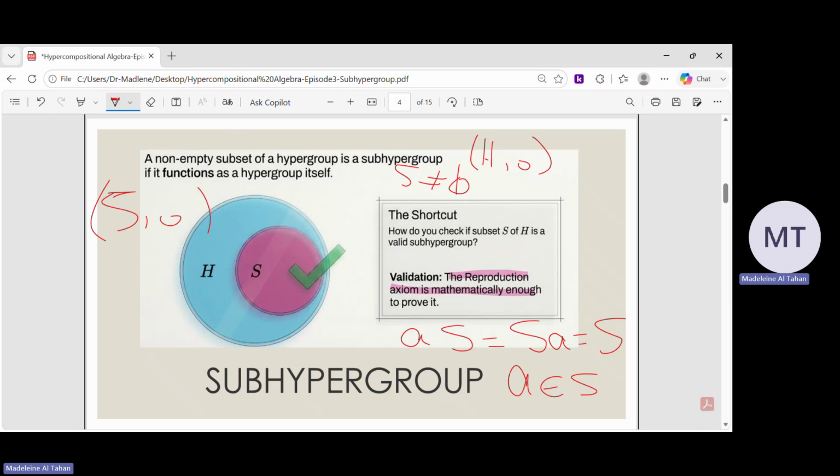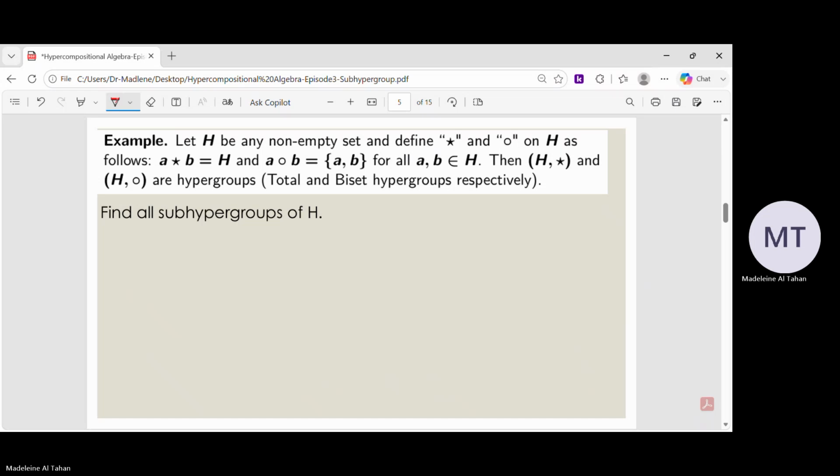We have only two axioms. The first axiom is associativity, and the second axiom is the reproduction axiom. We're done with the formal definition.